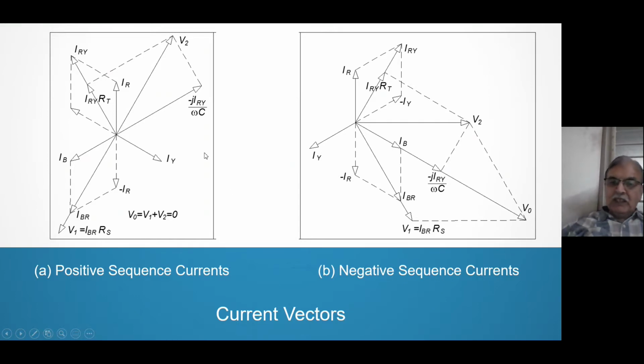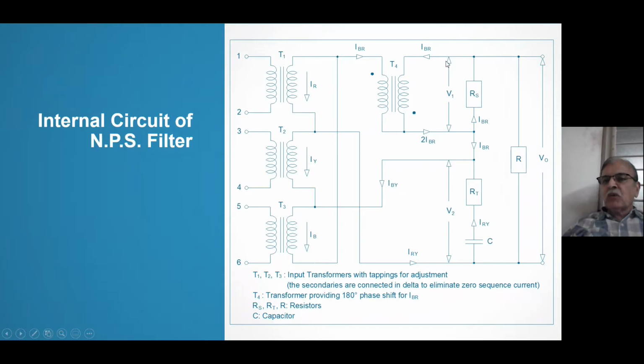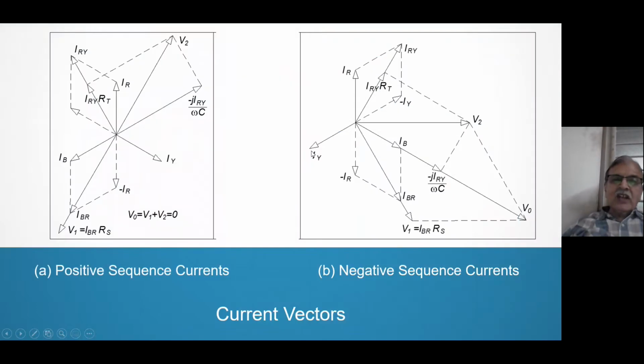You can see V1. V1 is the voltage across RS due to IBR. And RT is RS by 2. So the IRY RT voltage magnitude is RS by 2, but it is in phase with IRY.